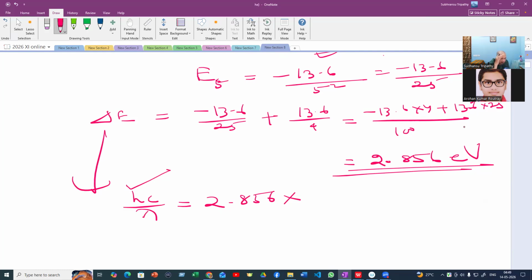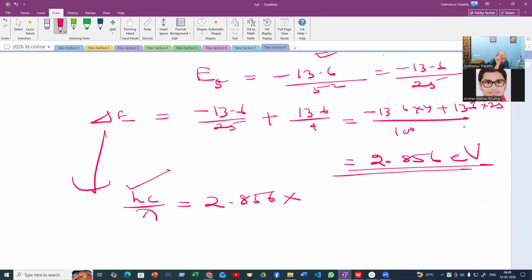You have studied in electricity in class 10 that the electrical energy is equal to V, the potential difference, into charge Q. So V is 1 volt and Q is the charge of one electron, 1.602 times 10 to the power negative 19 coulomb.